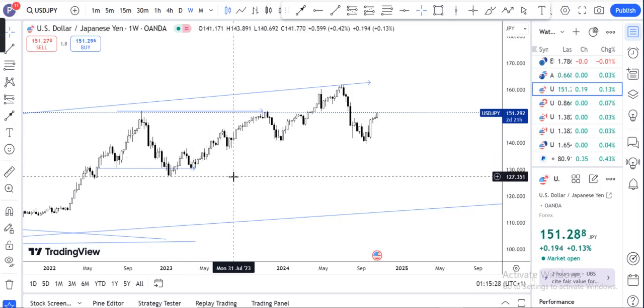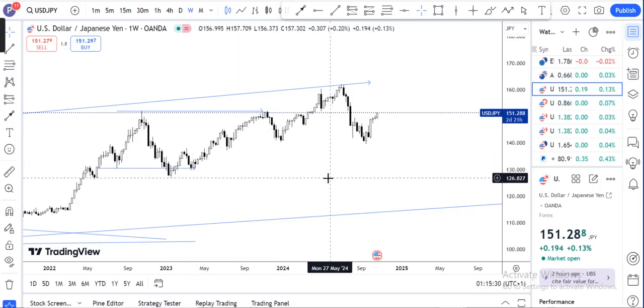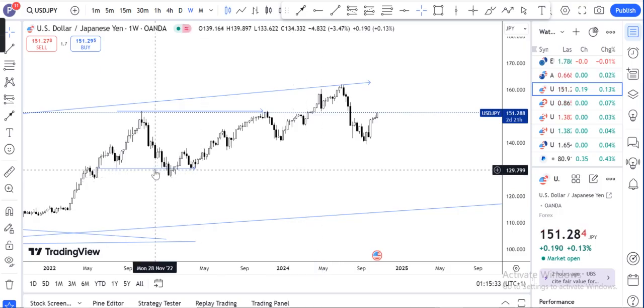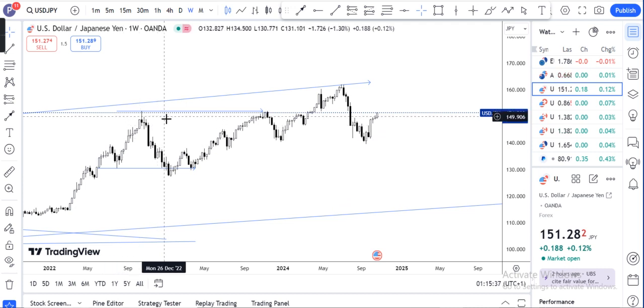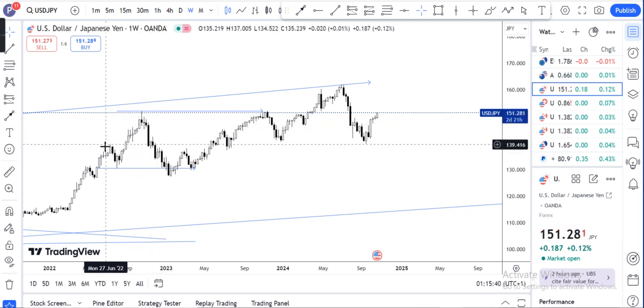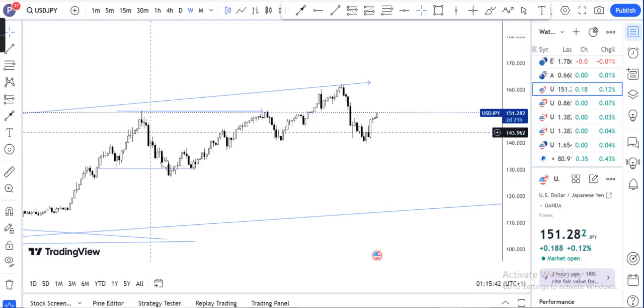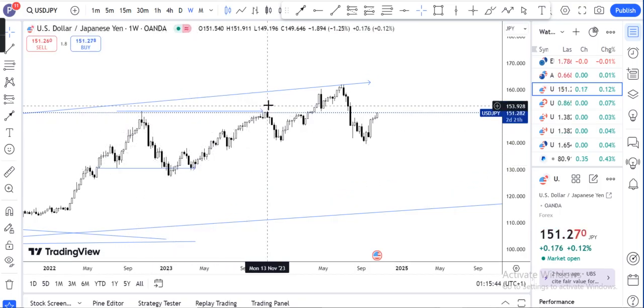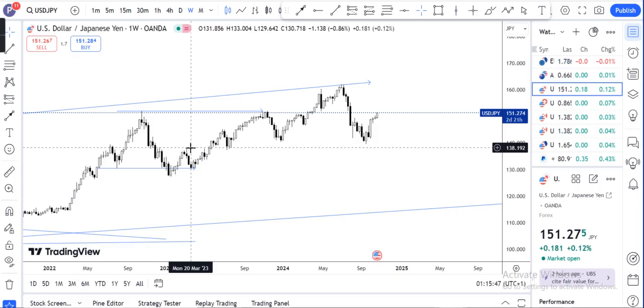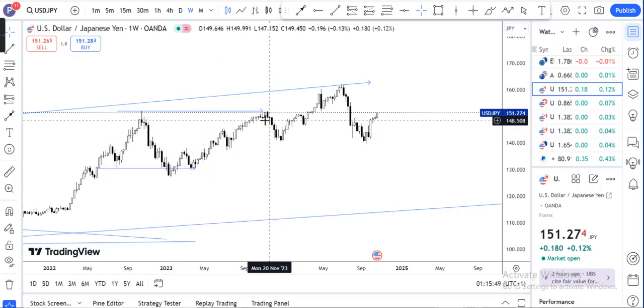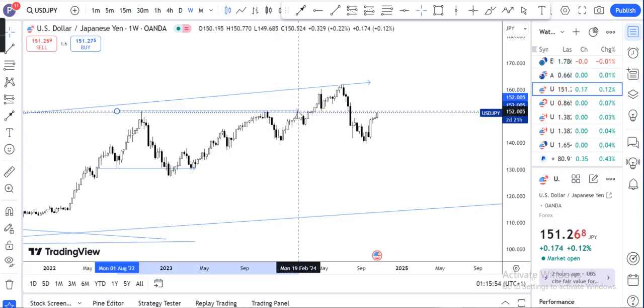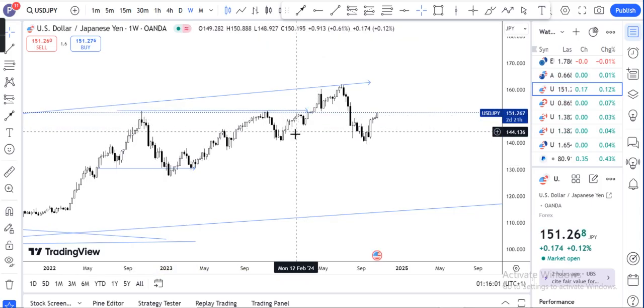Now on the smaller time frame, what can we clearly see? We can see this liquidity swipe actually gave us this liquidity swipe, the market dropped to the downside, pushed to the upside, and then created an internal break of structure, also an internal break of structure here, and also an internal break of structure around here.